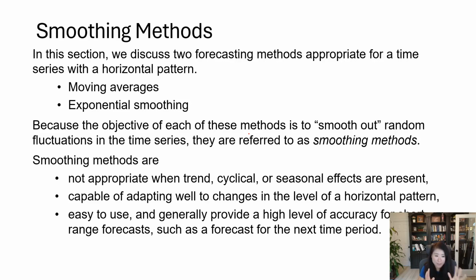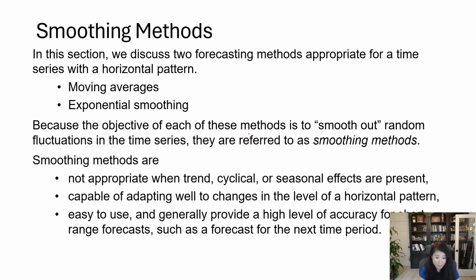So both methods, moving average and exponential smoothing, try to smooth out those random fluctuations so that we are able to see the trend, the horizontal pattern, any kind of pattern. Here I want to call out something for the smoothing methods. For both methods we are learning here, you have to make sure your data has no upward or downward trend, and no cyclical or seasonal effect.